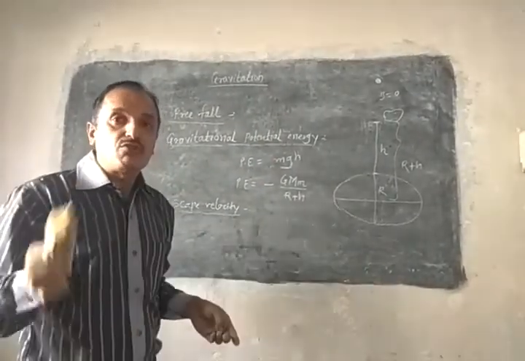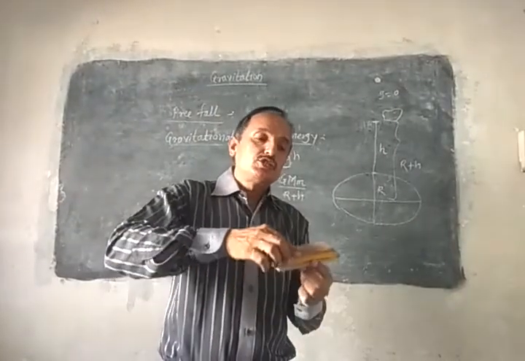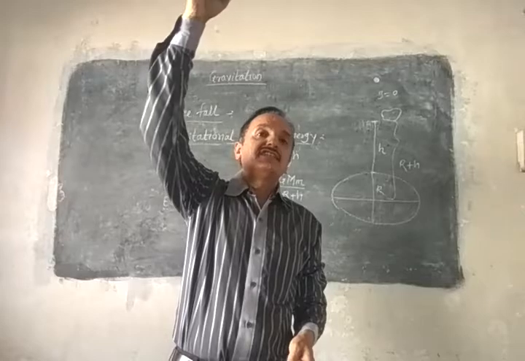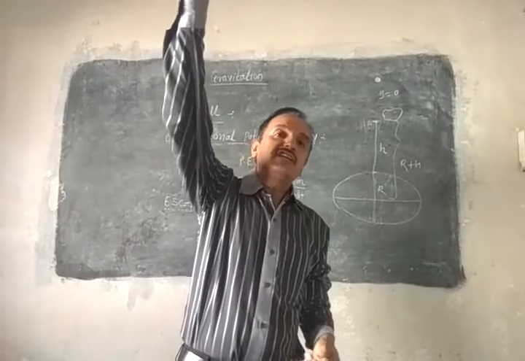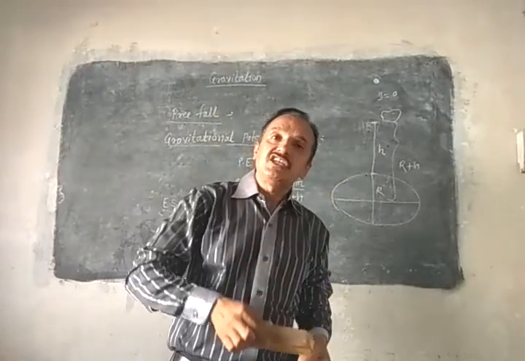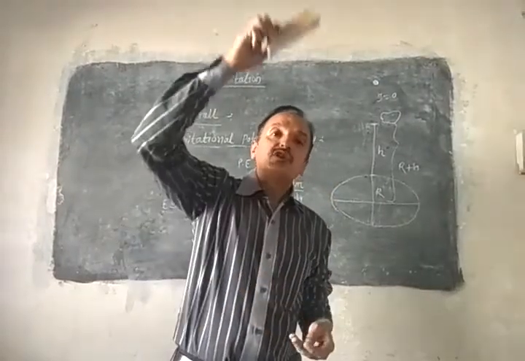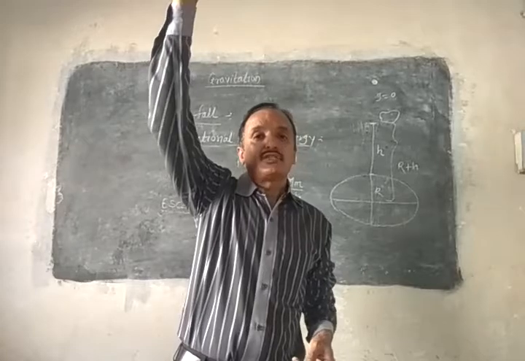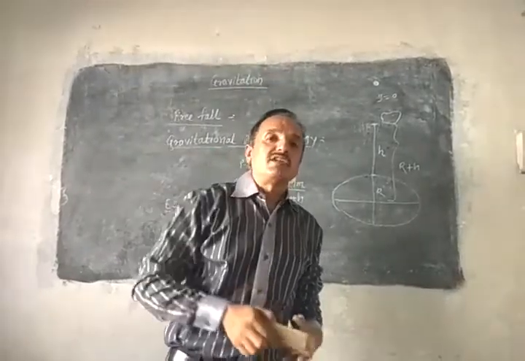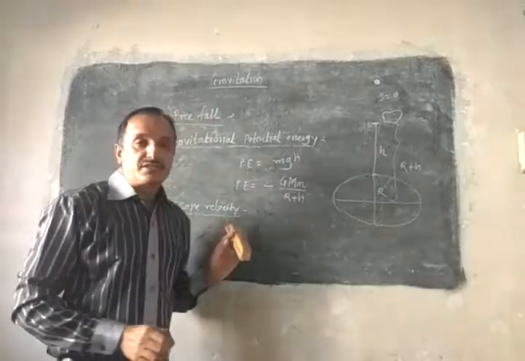Escape velocity is the velocity given to the object so that the object goes beyond the surface of the earth, and from there it doesn't come back. So whatever velocity is given initially to move the object vertically upward so that it will not come back, that velocity is called the escape velocity.